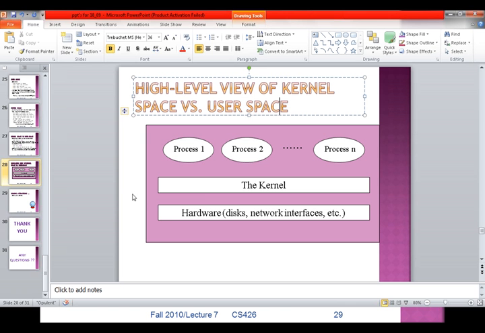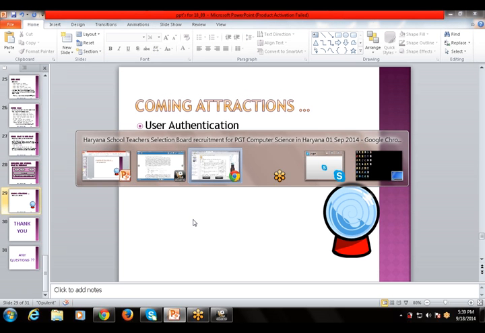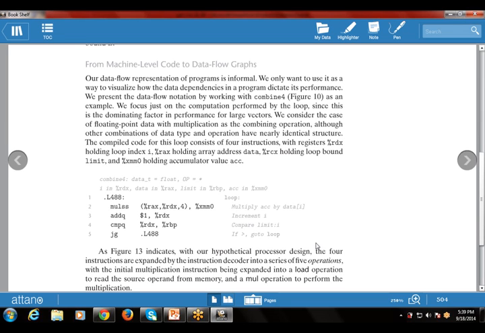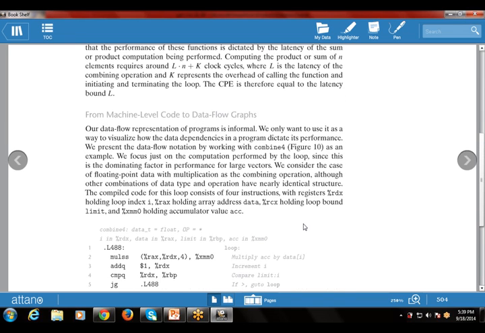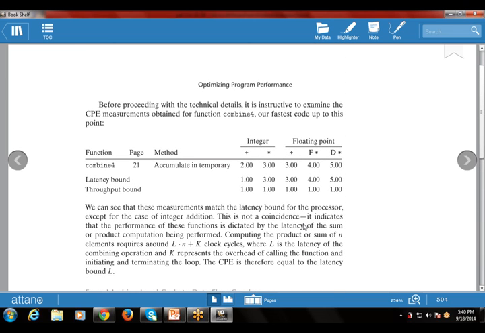Now let's see with the help of the book what we have covered with the help of slides. This is the scenario that shows that we are using the combine function that takes multiple values for showing the result, whether it may be integer or float number.